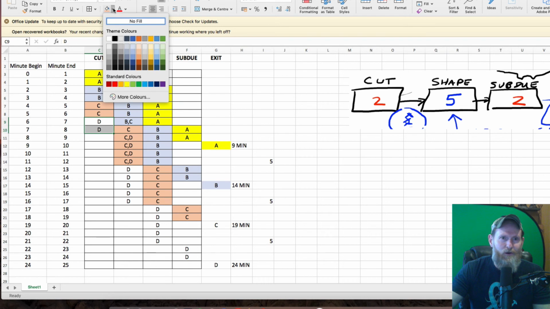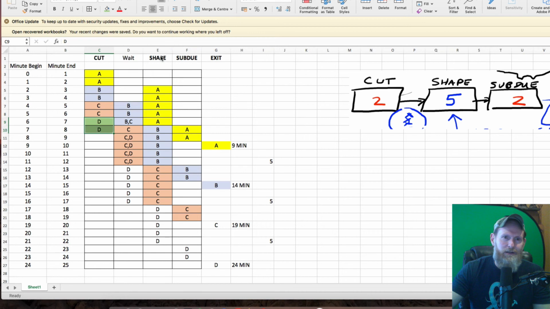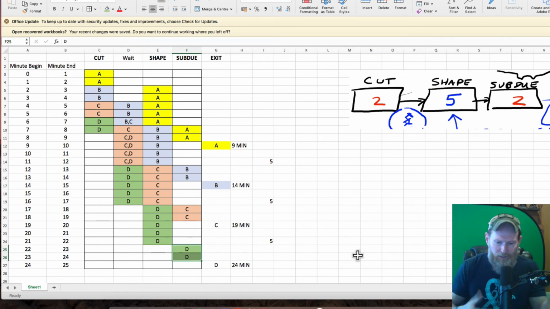As we go along with this pattern, the buildup there between cut and shape just gets worse and worse. The people working at shape probably get pretty stressed out. Just human tendency, they probably try to find shortcuts so that they can move things along faster. But shortcuts in a production process aren't always a good thing.